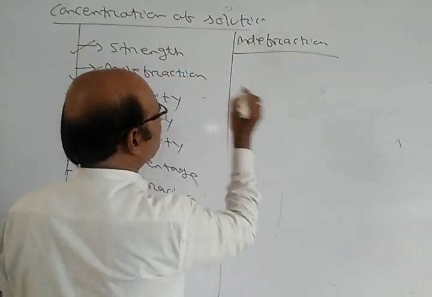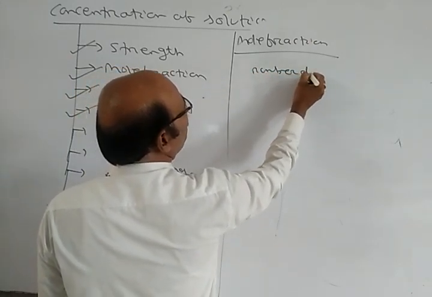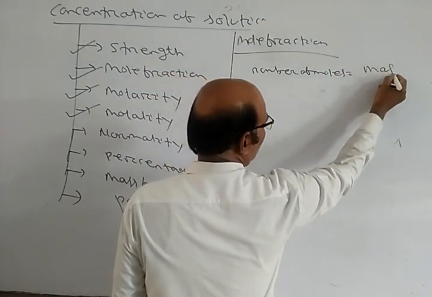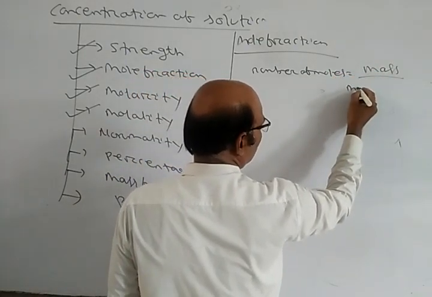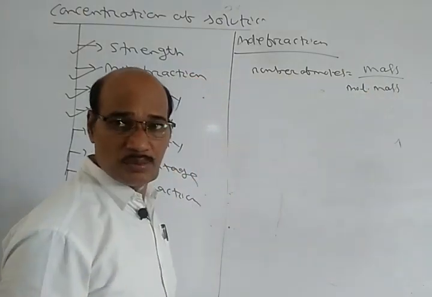Okay, first of all, number of moles is equal to mass by molar mass. Okay, mass by molar mass.